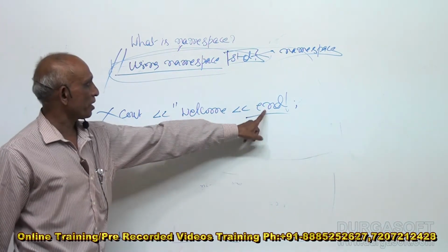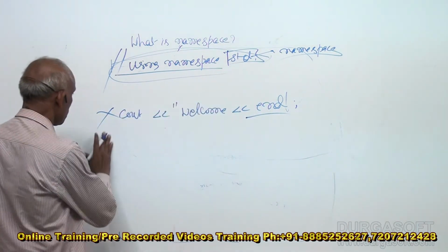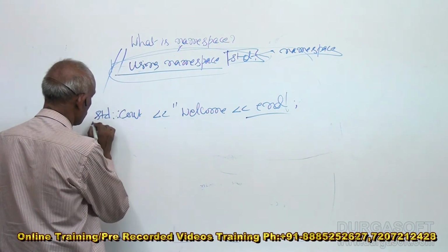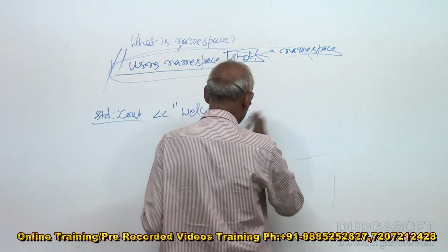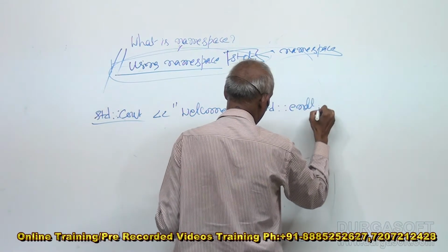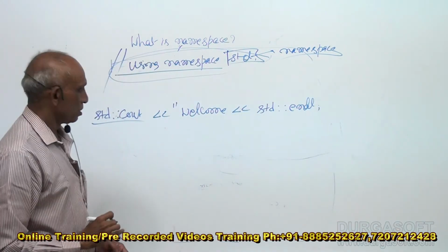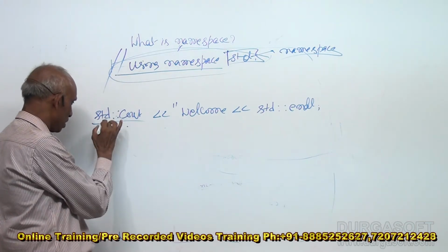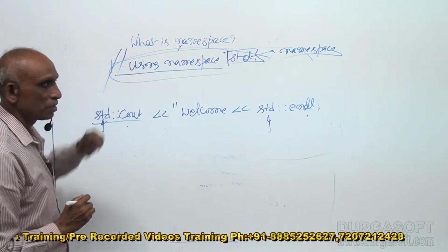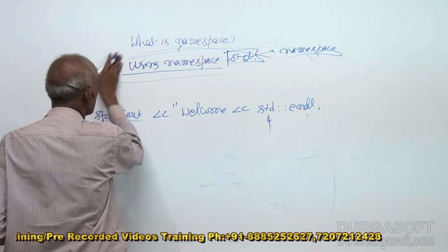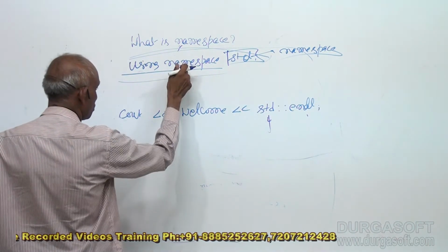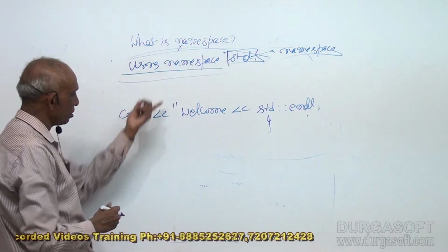Because these two are defined in namespace std, you have to write std scope resolution cout and std scope resolution endl. You have to specify cout is in the std namespace and endl is also in the std namespace. If you say using namespace std, then you don't need to specify std, because cout is already defined in the scope.